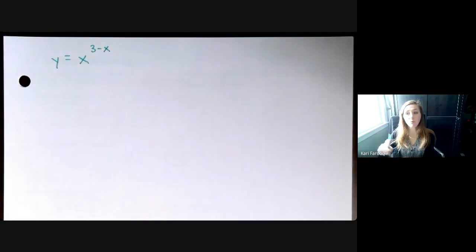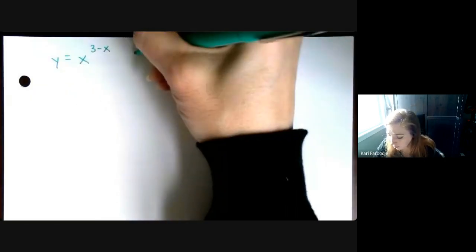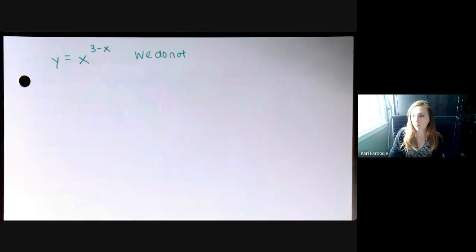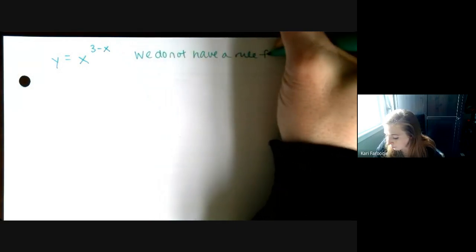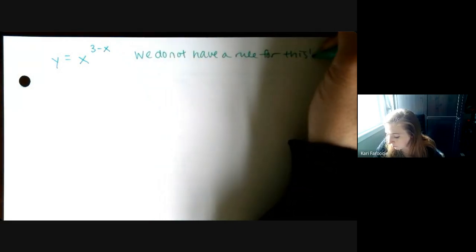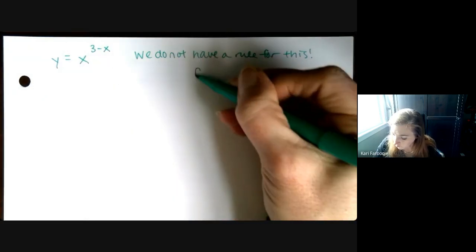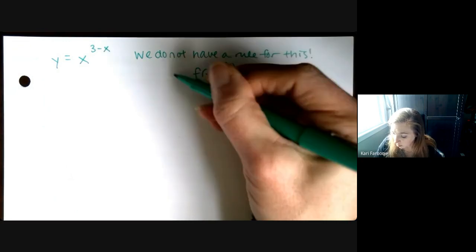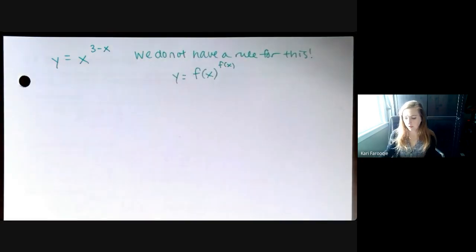All right, so a variable in the base and in the exponent, we do not have a rule for this. So this would be like f of x to the f of x power. We don't have it. Or even like y equals x to the f of x. We don't have it.